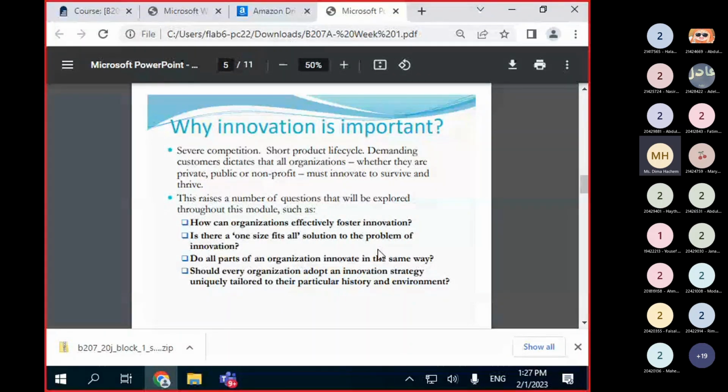Okay, now, how can organizations effectively foster innovation? How can you be innovative? This is a very big question. And how do you enable your employees to innovate and come up with new ideas instead of doing the same thing daily? You know, in innovation, you have to go outside of your daily habits, outside of your comfort zone.